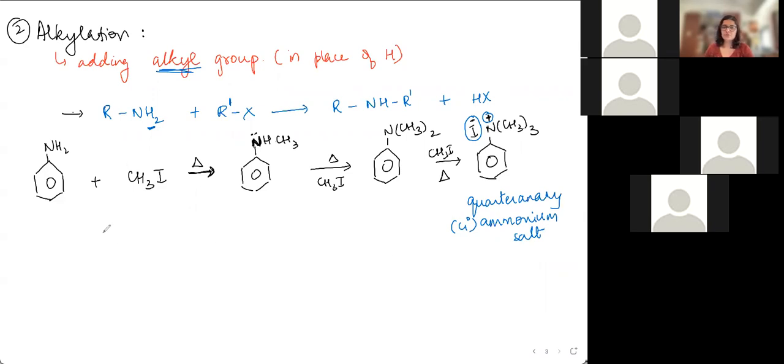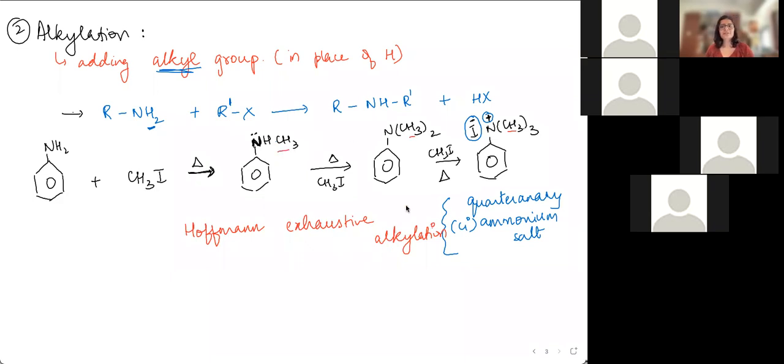So when the reaction is allowed to go all the way up to this step, that's called Hoffman exhaustive alkylation. Hoffman worked a lot with amines. It's alkylation because you're substituting with alkyl groups at each step.